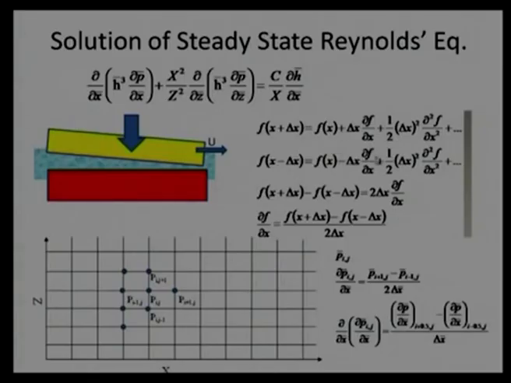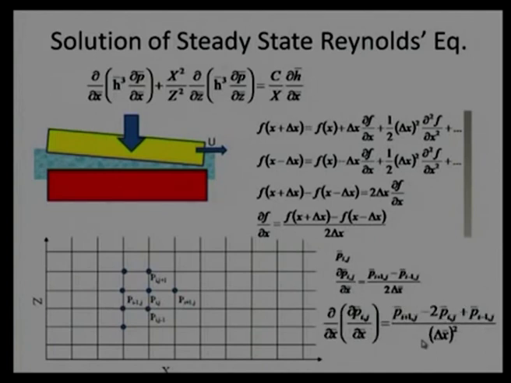When we subtract equation 2 from equation 1, we get an expression that gives an approximate value of the first derivative of f with respect to x. That was utilized to approximate the first order pressure gradient and second order pressure gradient.